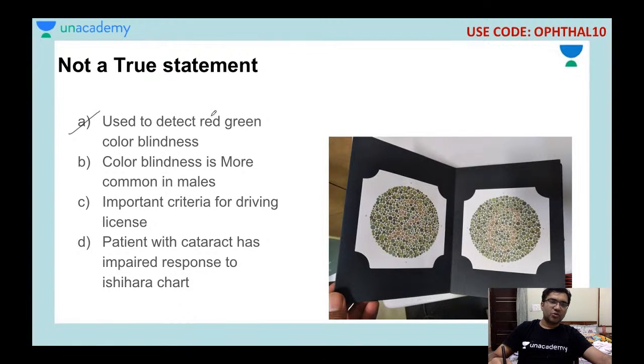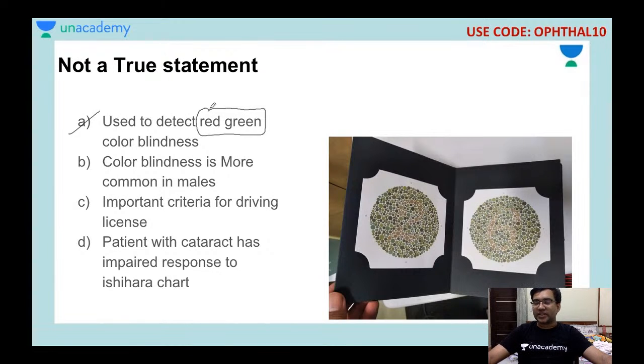Now this is absolutely a correct statement. Ishihara charts. The first line of test for measuring color blindness is basically measuring the red-green color blindness. More commonly, the red-green color blindness is seen after drug-induced optic neuritis, like we get it in ethambutol-induced color blindness.